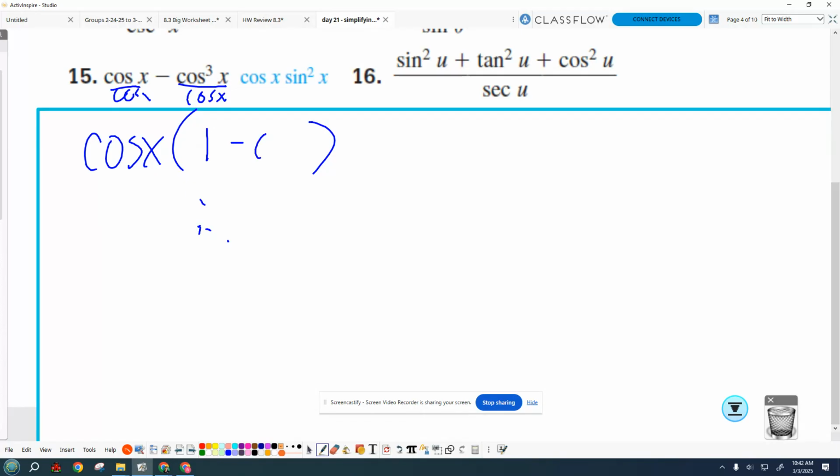Cosine squared. Okay, cool. Eleanor, cosine squared plus sine squared equals 1. What is 1 minus cosine squared x? Sine squared?